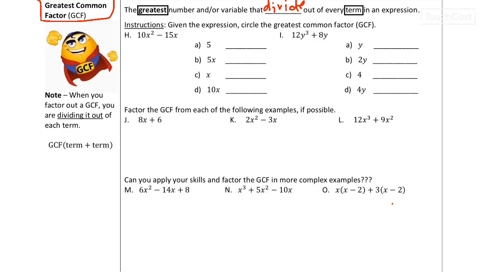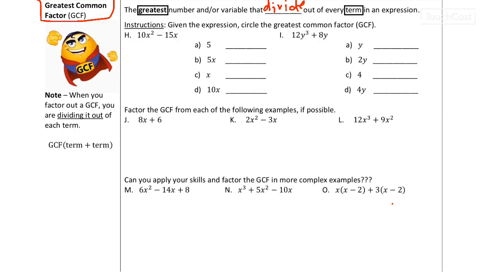This problem H is called a polynomial. A polynomial is made up of numbers, variables, adding and subtracting signs, and so forth. Another important part of a polynomial is what we call a term.